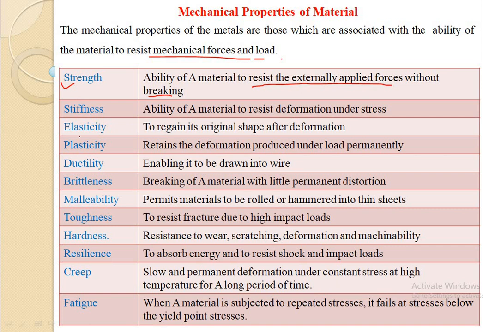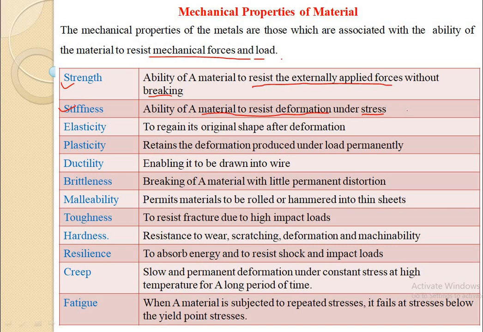The next property is the stiffness. What is meant by stiffness? It is the ability of the material to resist deformation under stress. Now, what is meant by deformation? Deformation means to change its dimensions, to change its shape, to change its size. That is nothing but deformation.